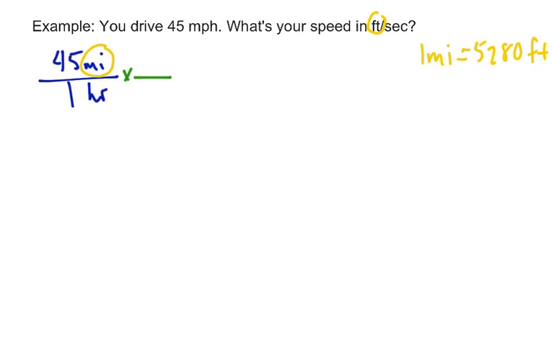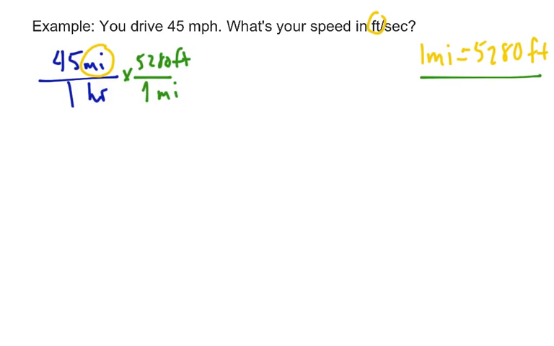And this fraction that I'm going to make, I'm going to put 5,280 feet on top and 1 mile on the bottom. In essence, because these two quantities are the same, those two distances are the same, we just see that they're the same right here, they're equal. I have the same thing on top that I have on bottom. So they cancel each other out, and we're multiplying by 1. And that means that we're not going to change this quantity at all. The number might look different, but by changing the number and the unit, it really does keep things the same.